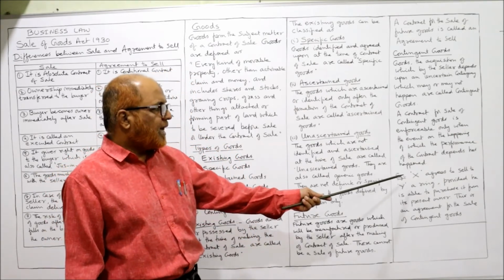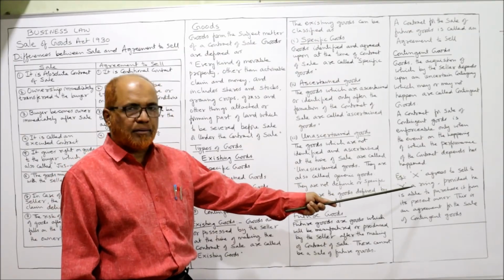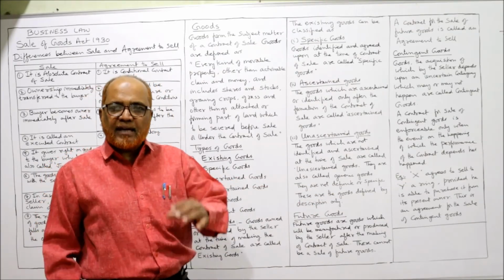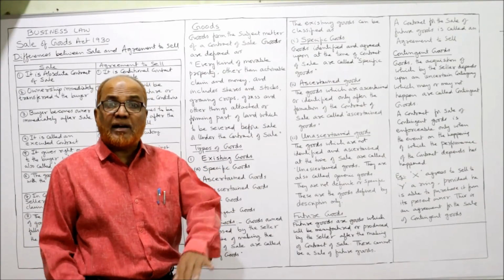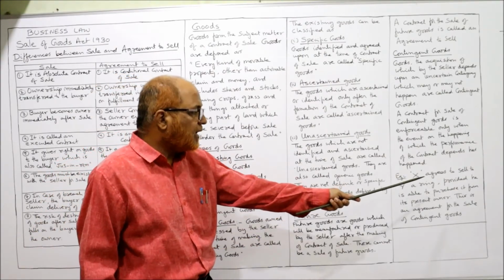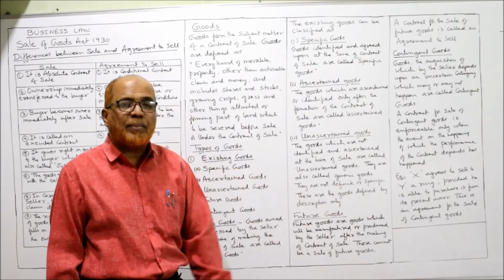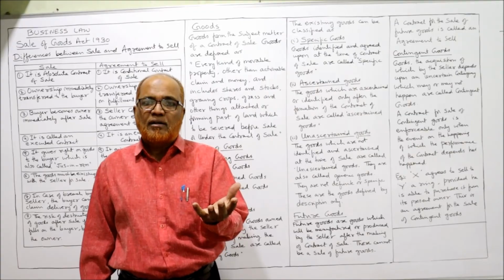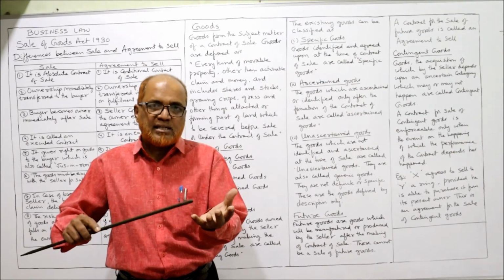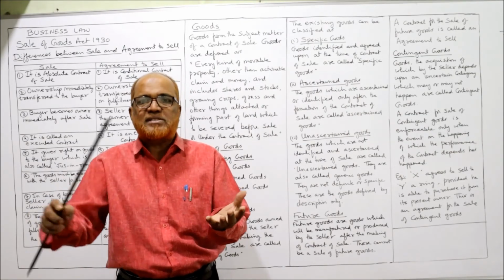For example, X agrees to sell Y a ring. There's an agreement. X agrees to sell a ring to Y upon the condition, provided he is able to purchase it from the present owner. Actually, the ring is not in the possession of X. The ring is going to be purchased by X from the present owner.